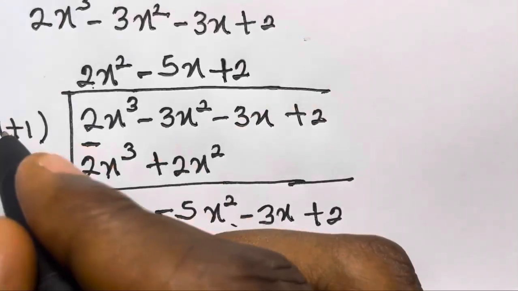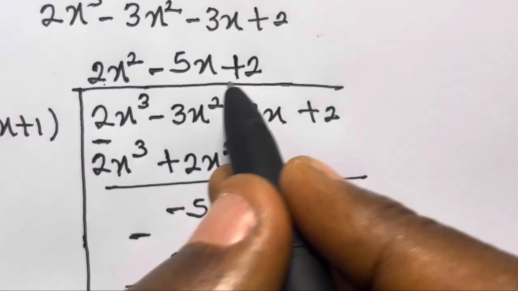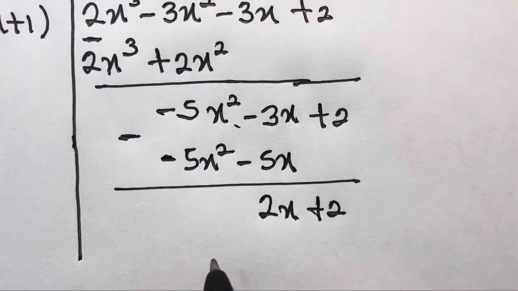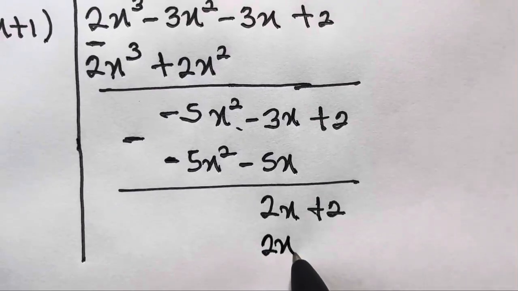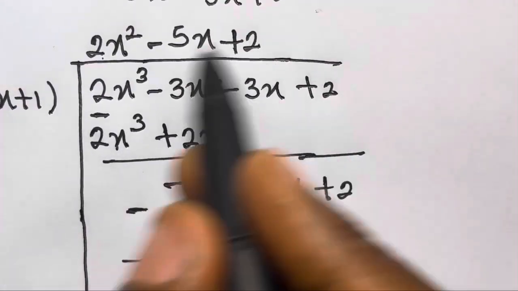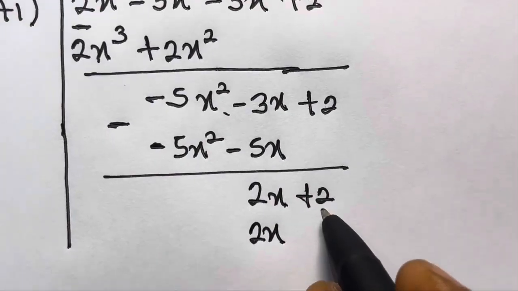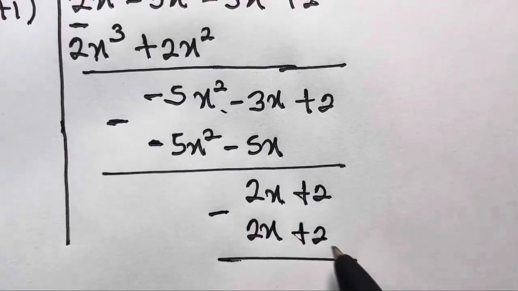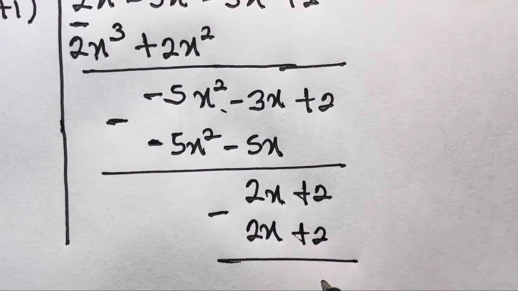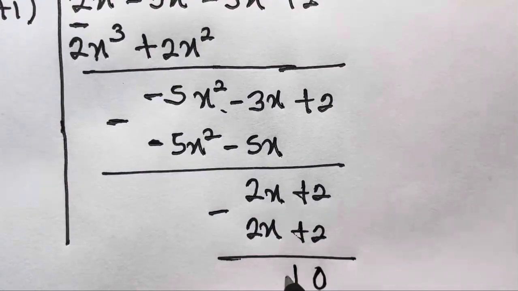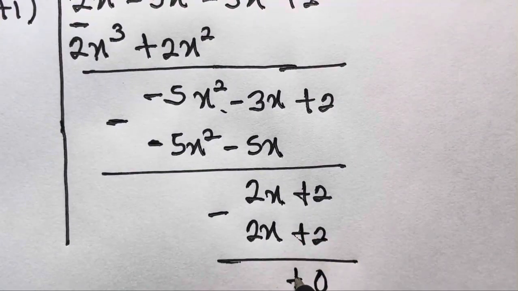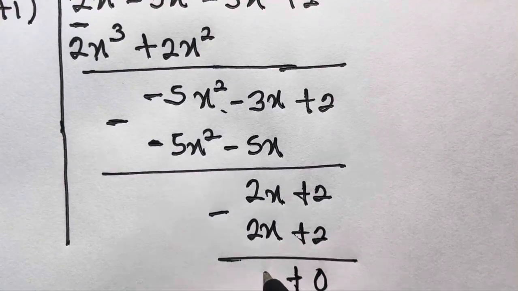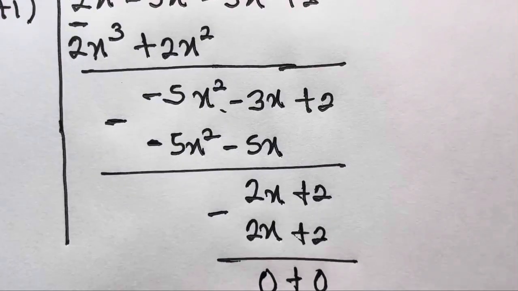So we use this to multiply this. So we have 2 times x, we have 2x, right? Then 2 times 1, we have plus 2. Also, we have to subtract them. We have 2 minus 2, that is 0, plus then 2x minus 2x, that is 0, right? So this is equal to 0.